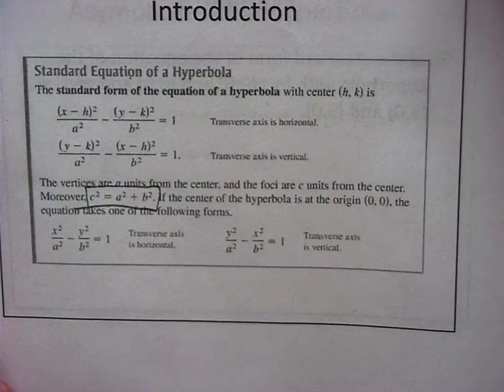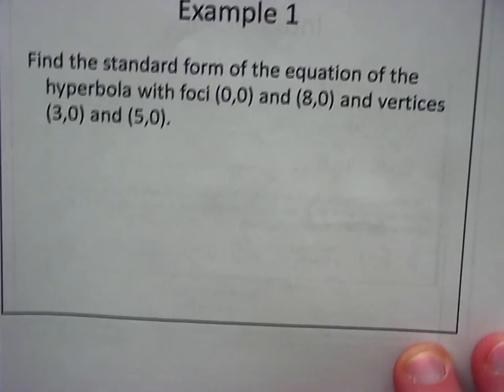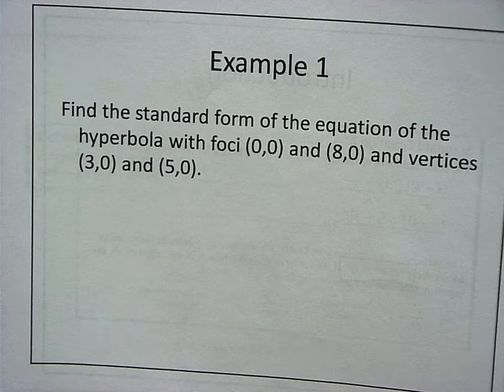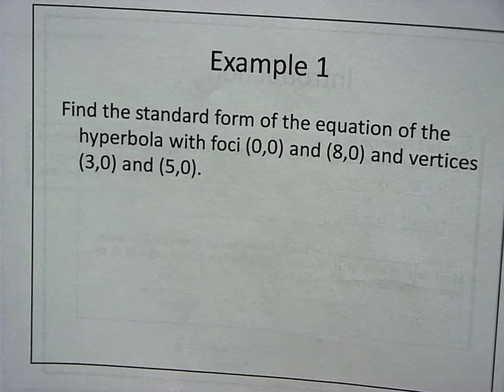Okay, so looking at one of these, somewhere, there we go. Find the standard form of the equation of the hyperbola with foci (0, 0) and (8, 0), vertices at (3, 0) and (5, 0). So where do I start? Draw it.